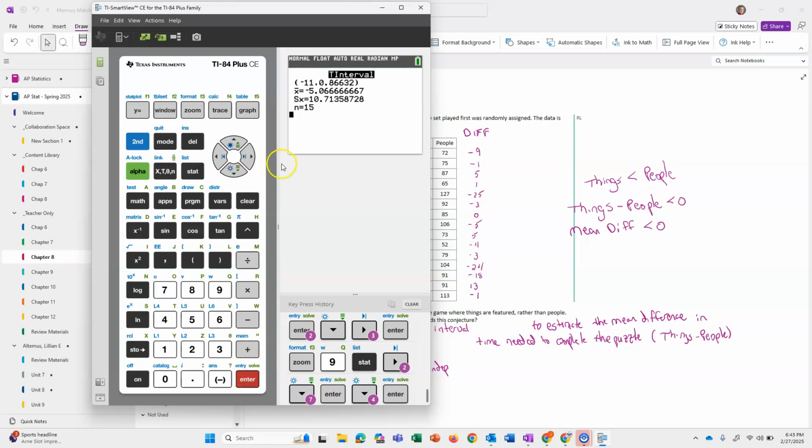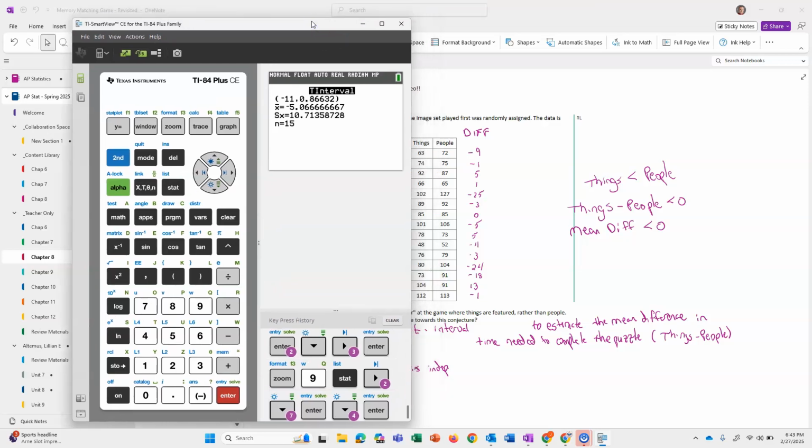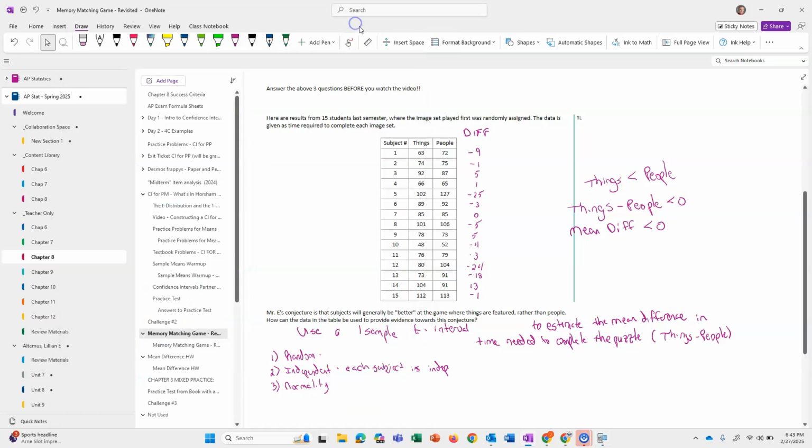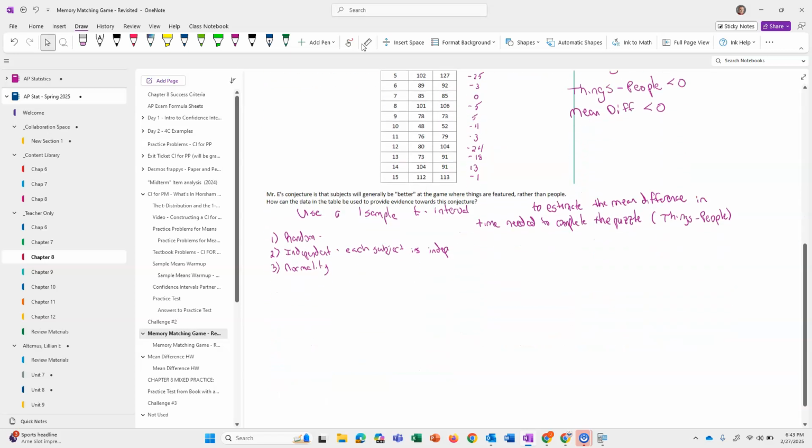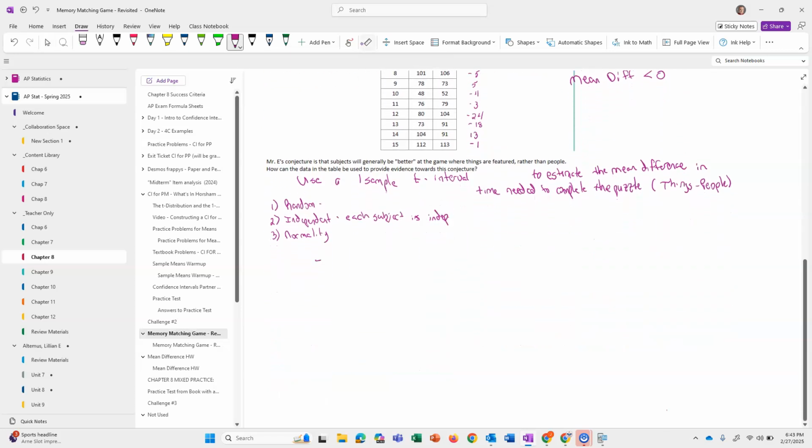And I get an interval of -11 up to 0.866. It's really crazy that that worked out to be exactly -11. So the interval then is -11 to 0.866, and it has 14 degrees of freedom.